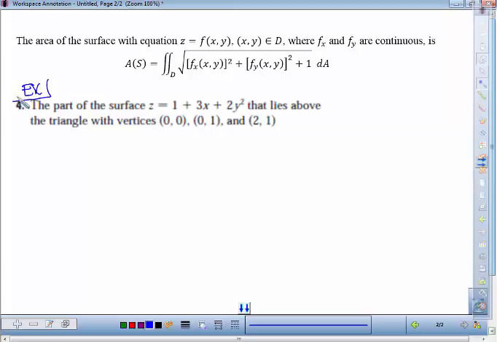So I'm not going to care how this is going to look in 3 dimensions. It'd be nice if you want to, but we can take a look at how this looks over its domain. So over its domain, we have vertices (0, 0), (0, 1), and (2, 1).